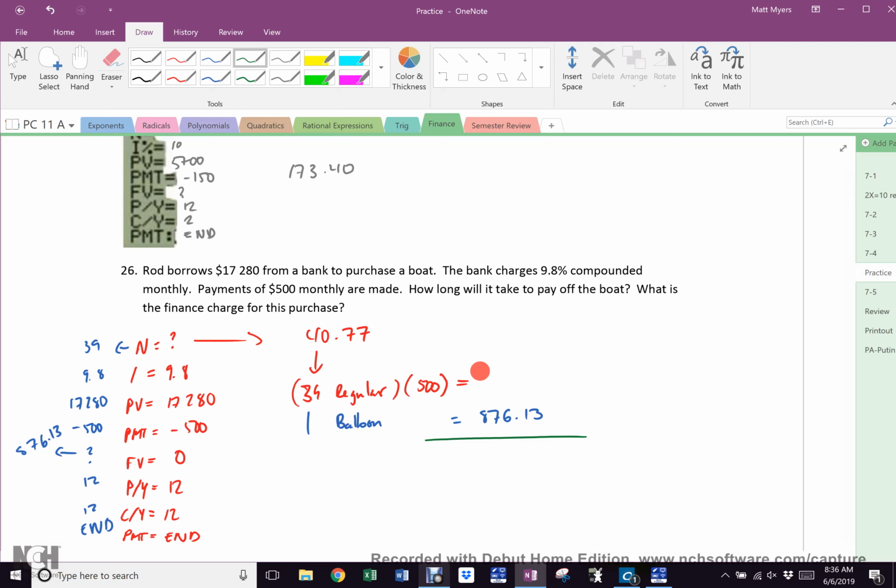That's just the finance charge, right? 39 times 500. He paid 19,500. Then we add in the balloon payment for what was his total. Total paid equals 19,500 plus 876.13 is 20,376.13. And how much did he borrow?